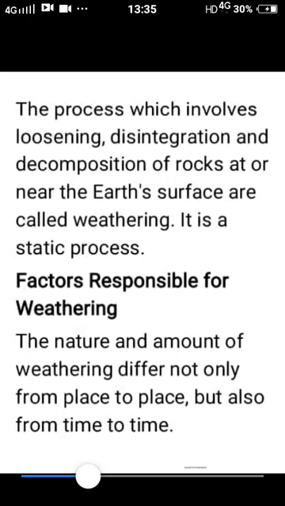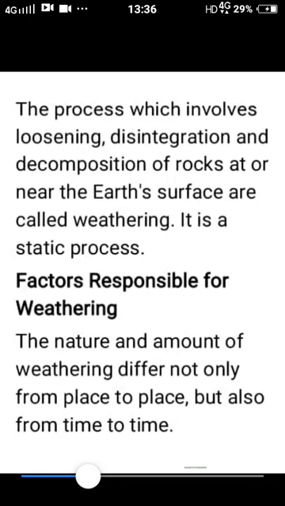Remember, there is no motion and no movement, so it is a static process. The process involves disintegration in any rock materials due to temperature or natural agents.